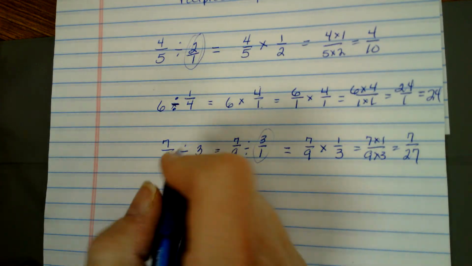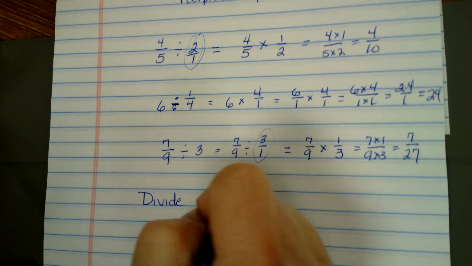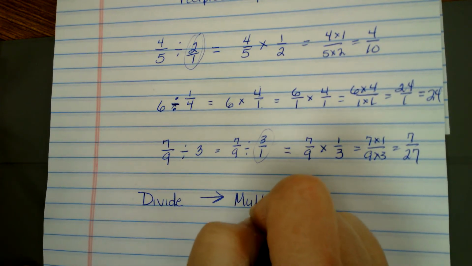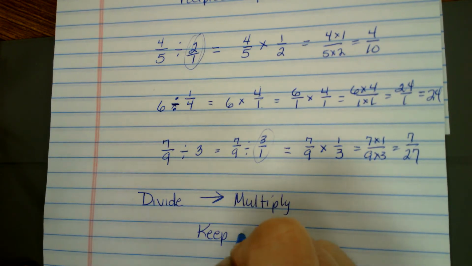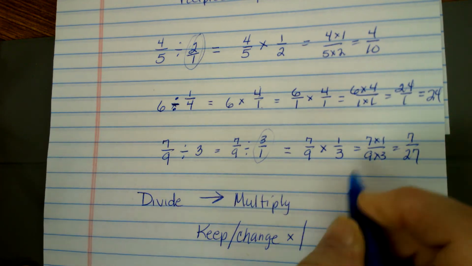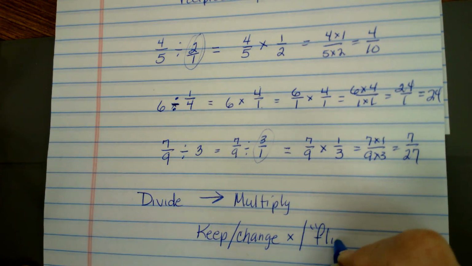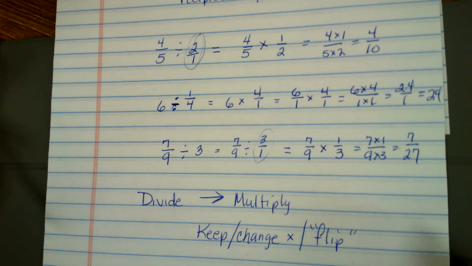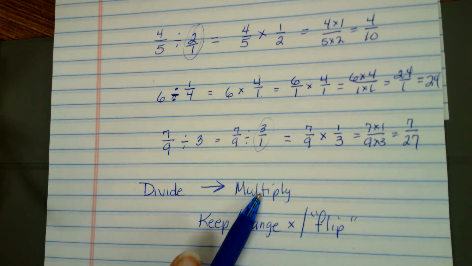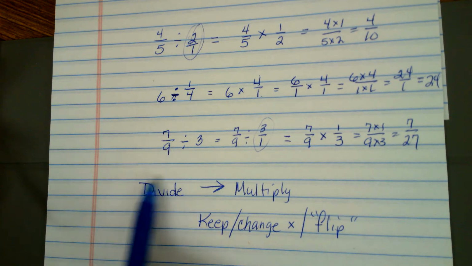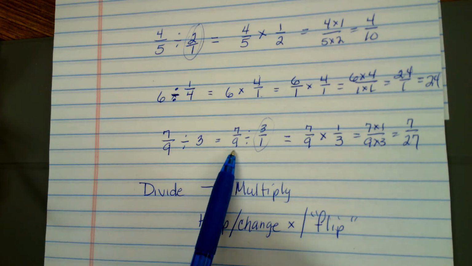So to go from dividing fractions to multiplying fractions: keep the first, change to times, and flip.